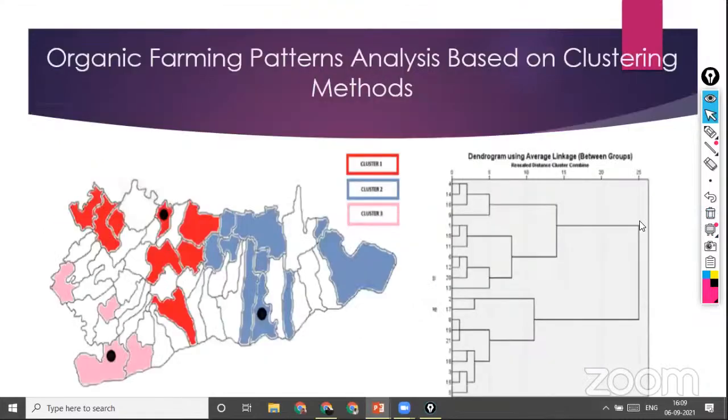Now coming to the unsupervised learning techniques, there's a case study for finding organic farming patterns, the different farming patterns adopted by different farmers. When you look at this figure, you can see that the farming practices followed by farmers are grouped into 3 different clusters.